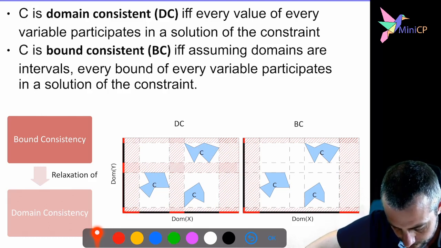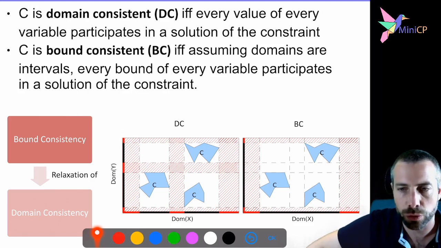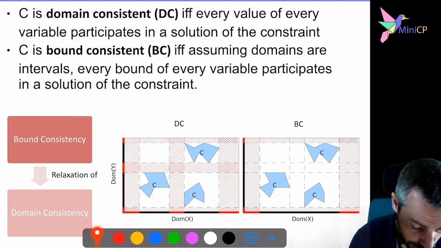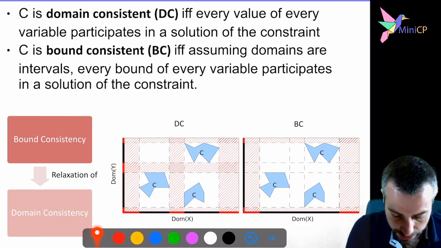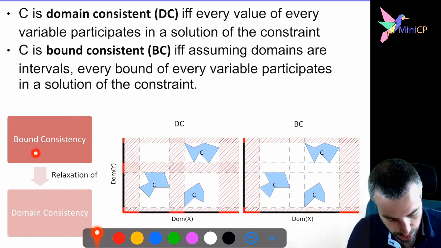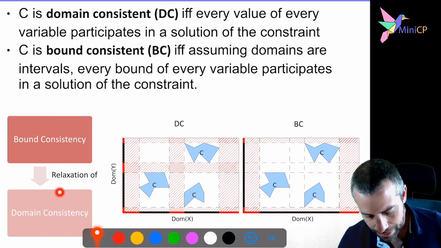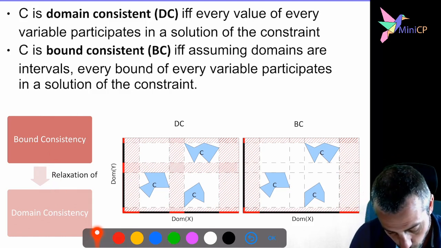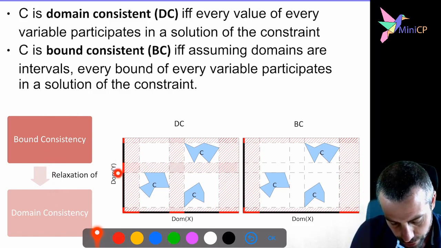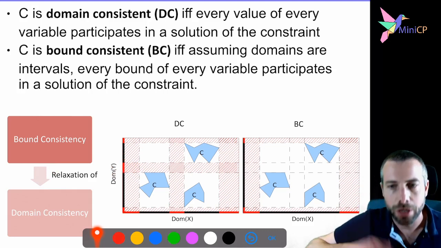You just project on the axis of X and you project on the domain of Y, and then you filter. Sometimes this is just too difficult to do, and we prefer to have a relaxation. So we will have bound consistency, which will be a relaxation of domain consistency. What it means is that instead of creating holes and trying to remove values in the middle of the domain, we will only consider shrinking.